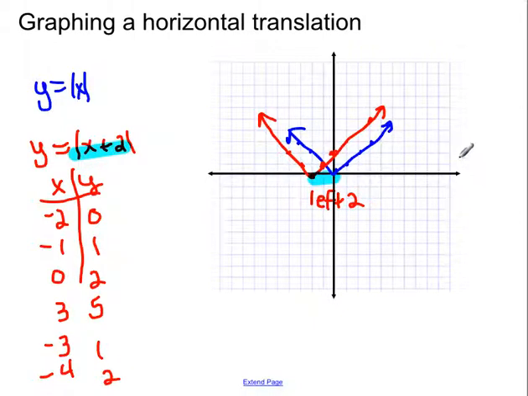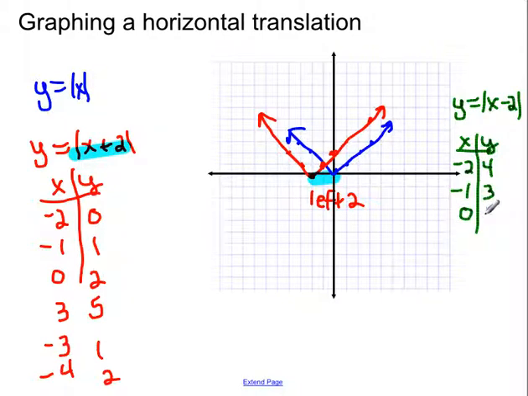Okay, so now let's do another color. Let's try the graph of y equals the absolute value of x minus 2. Okay, so if that's the case, I'm going to do the exact same thing. Let's start at x equals negative 2, so that's going to give me a 4. If I start at negative 1, that's going to give me a 3. If I plug in 0, it's going to give me a 2.